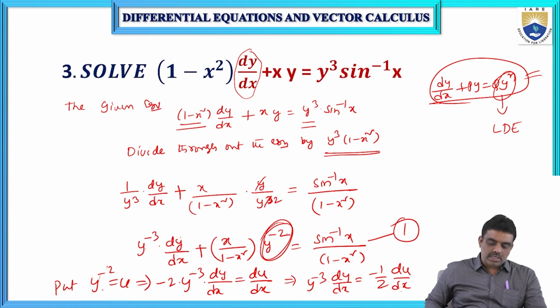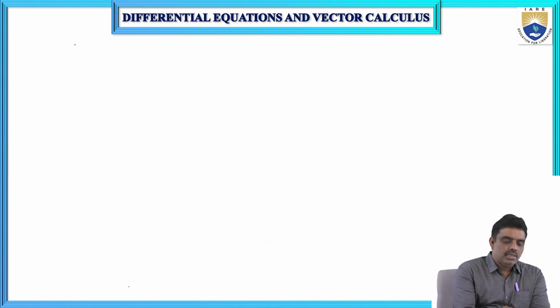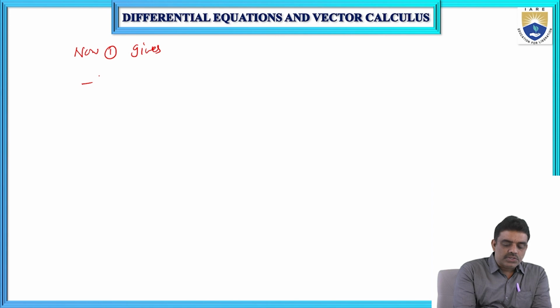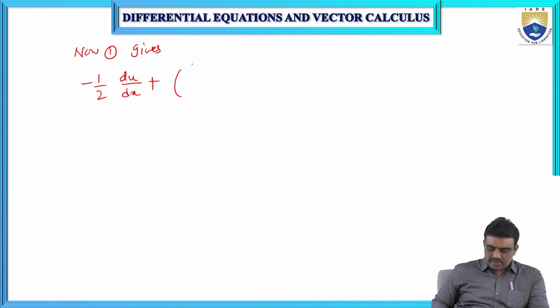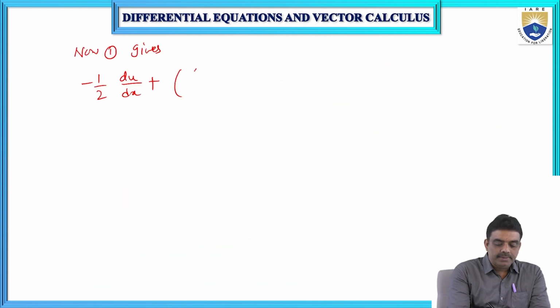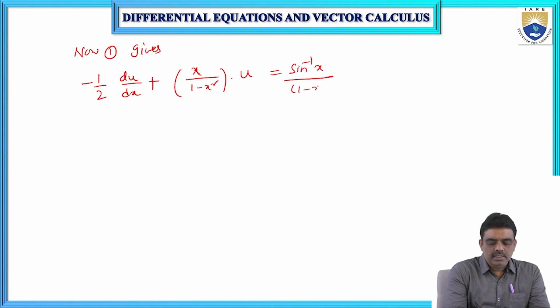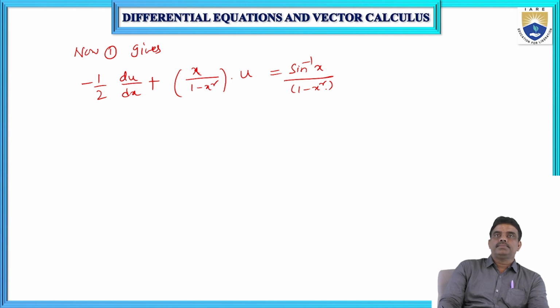So now equation 1 gives minus 1 by 2 du by dx plus, what is the second term? x by 1 minus x square into u, since y power minus 2 is u, is equal to sine inverse x by 1 minus x square.